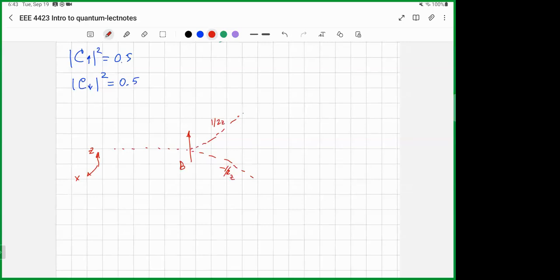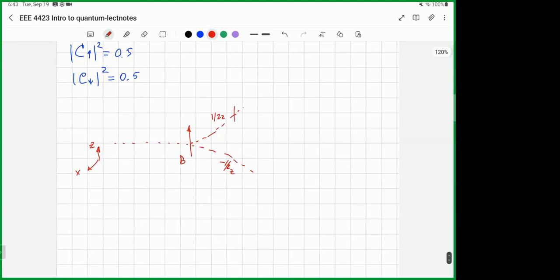And now if I apply a magnetic field again in the z direction, this magnetic field doesn't change things, so it's still 1/2 in the vertical.